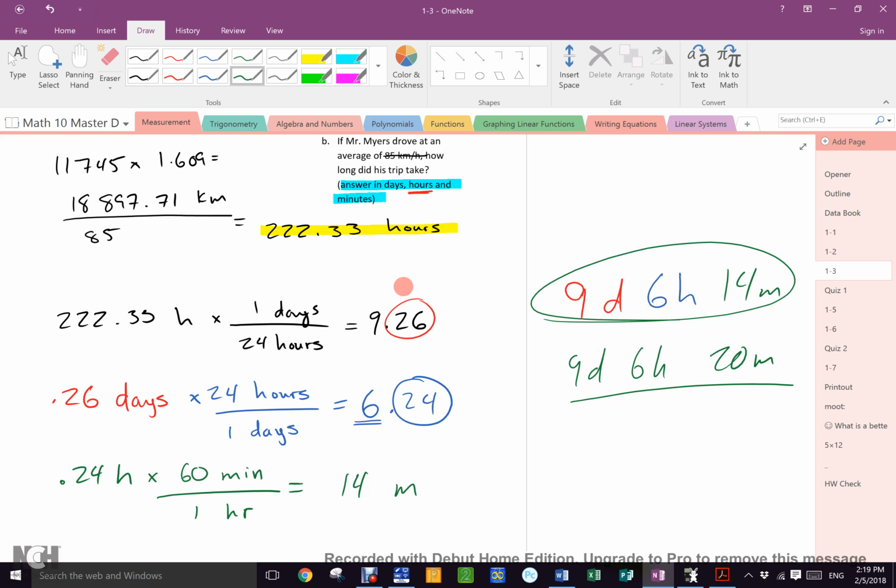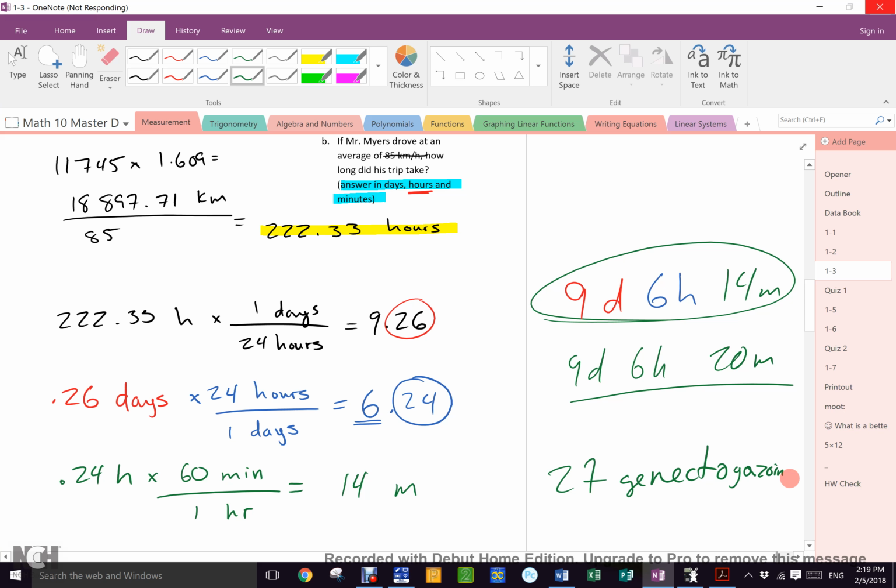Both right, full marks, because the work is what is important to me. Now, if you hand in 27 Gnecta-gazoinks, and no work, what am I giving you? 0. Understand?